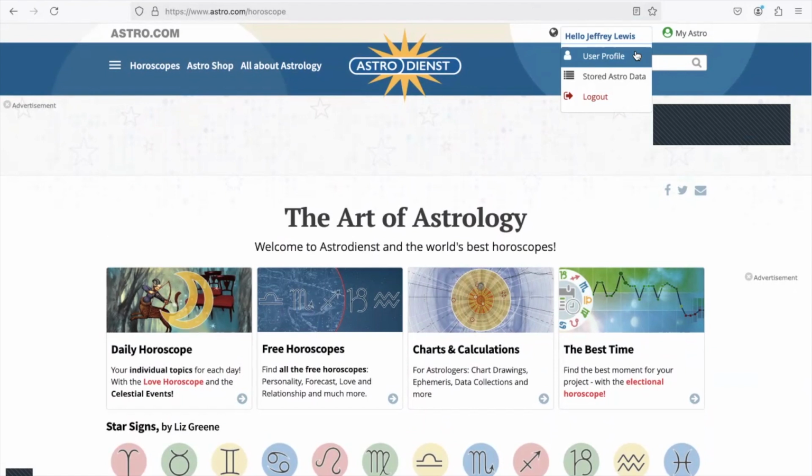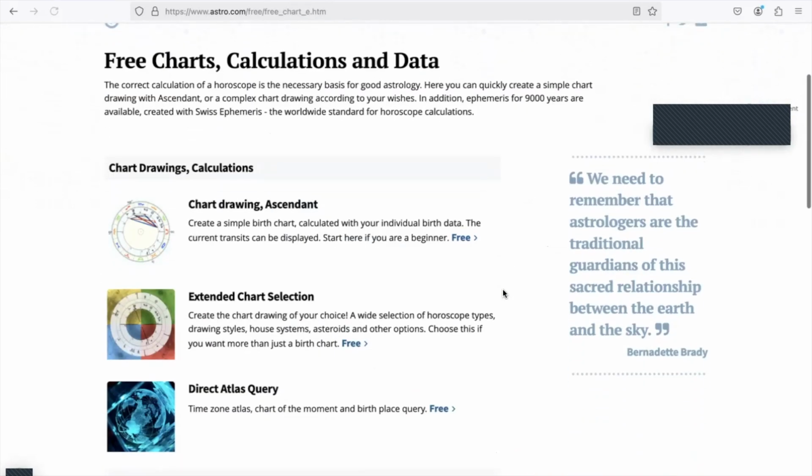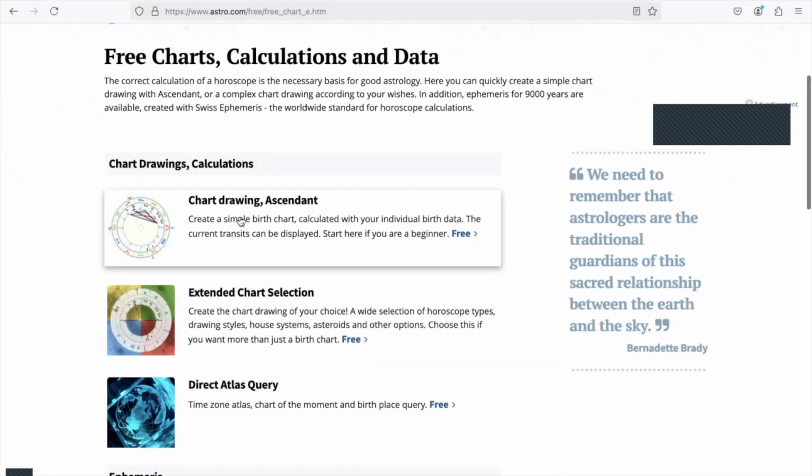So what you're going to do is you're going to create a user profile, right? It's going to ask you for your name, your birthday, all that stuff. You create a profile like you would for any website. And then what you're going to do is go to charts and calculations. And you're going to select chart drawing, right?